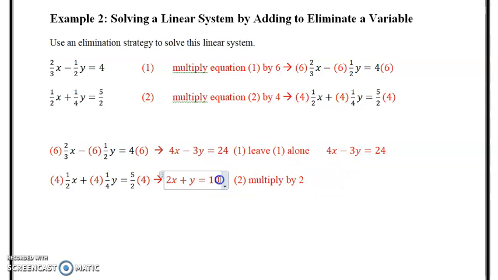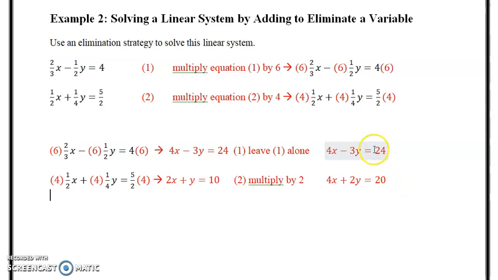If we multiply everything here by 2, 2 times 2 is 4, 2 times y is 2y, and that will give us 20. It is set up perfectly now for elimination.